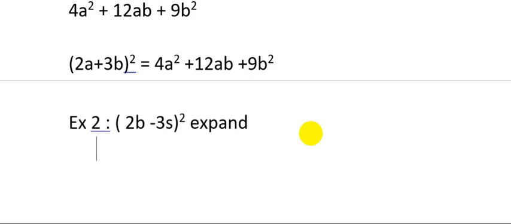So how do we expand? As I mentioned earlier, this is the square of a binomial expression, which means we write 2b minus 3s into 2b minus 3s.